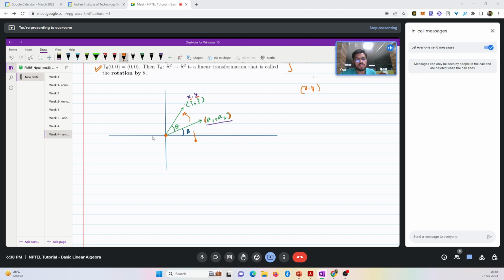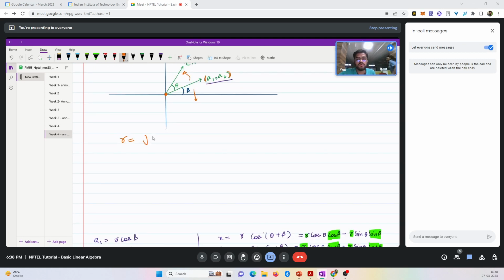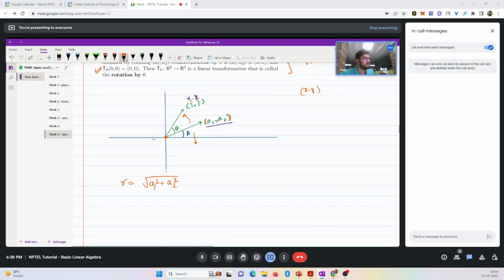If this point is a1 comma a2, then its length r is given by under root of a1 square plus a2 square. This is how you obtain the length. Now, if you know r, you can use trigonometry to see what its x component is.